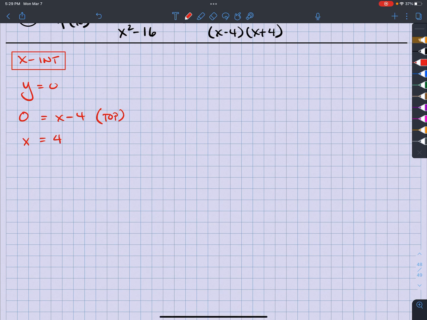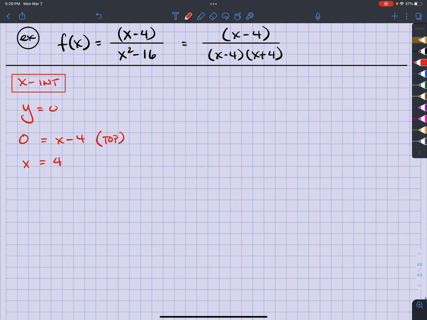But here's the problem. I got x equals 4, but look at what this is telling me. I have restrictions here, right? And these restrictions tell me that x cannot be negative 4 or positive 4.